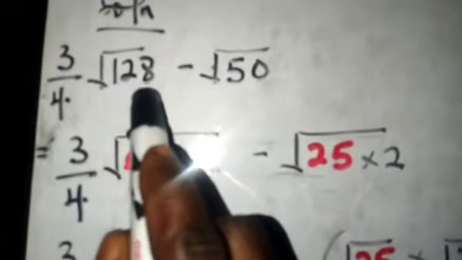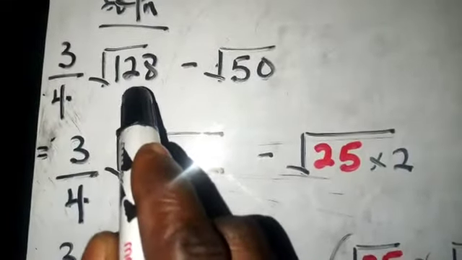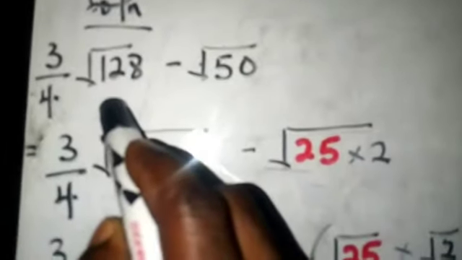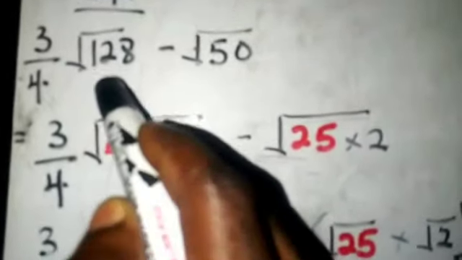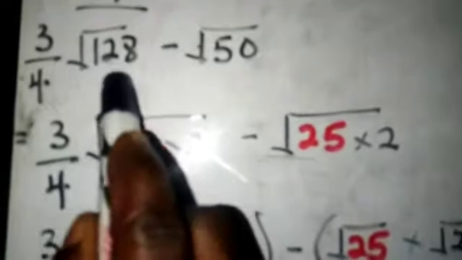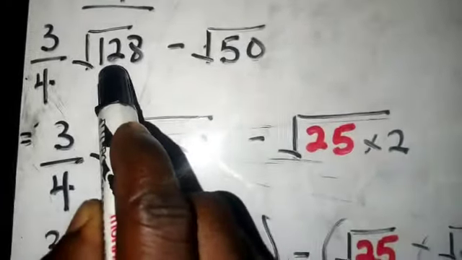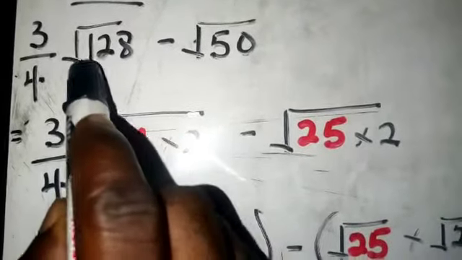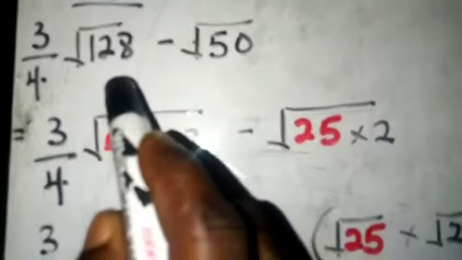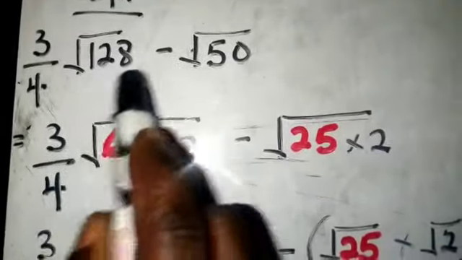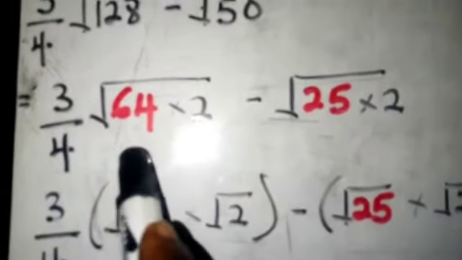I'm having 128 here. I can split this one or get a basic form out of this 128. And how do you get that? You get that by multiplying two numbers that will give you 128, or whatever the number is. So in this case, we are having 128, right? Which two numbers, when I multiply them, will give me 128? One of those two numbers has to be a perfect square.